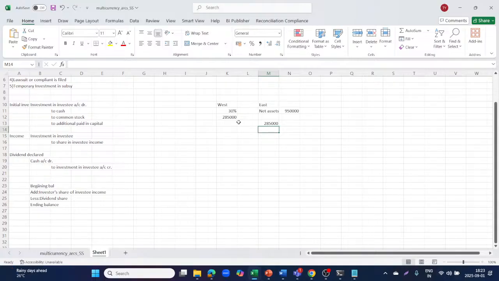So you can say there is no goodwill, no capital profit or no capital loss. Here this much is the net assets, and 30% of it is the amount of investment, which equals the amount of net assets that you are getting. East had a net income of 1 lakh and it has paid a dividend of 50,000.